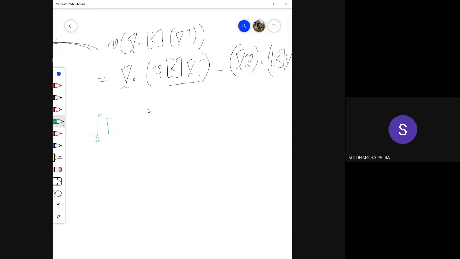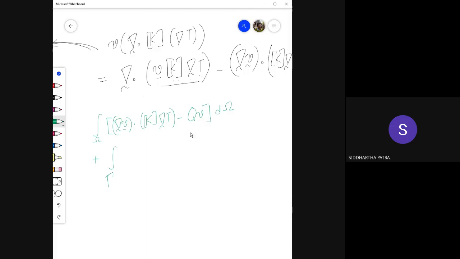So I'm writing the first term first, gradient of v taking dot product with k times grad of T, and then because q would be subtracted, q times v another term, d omega, plus the following.